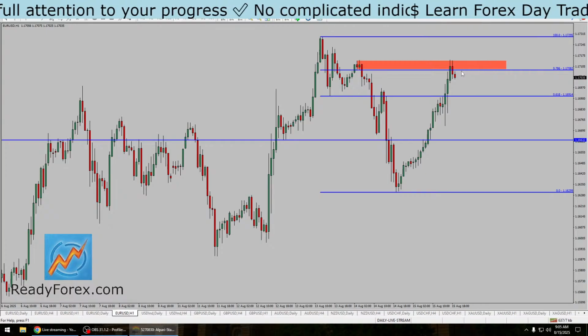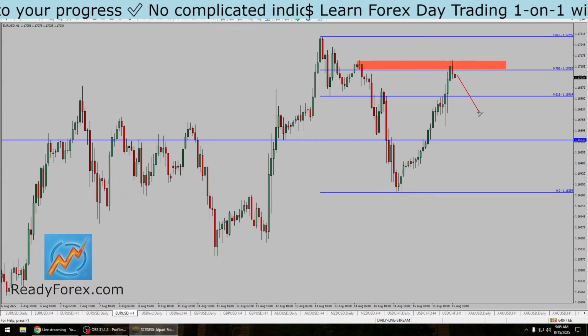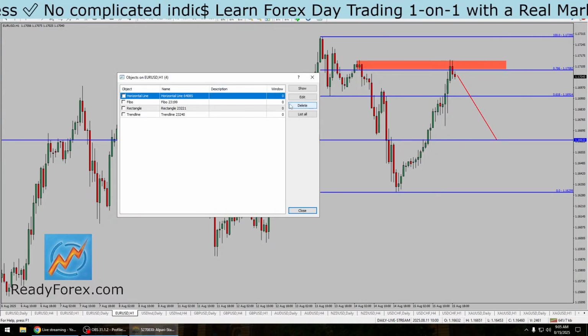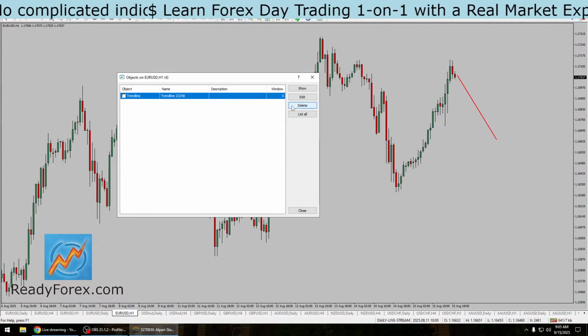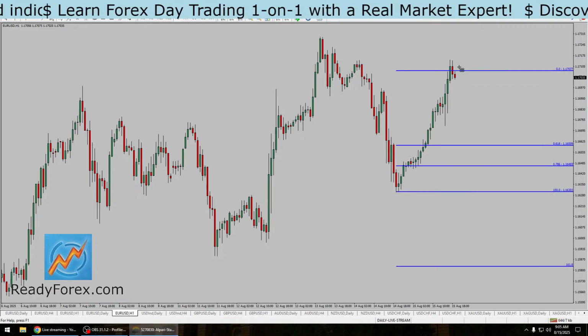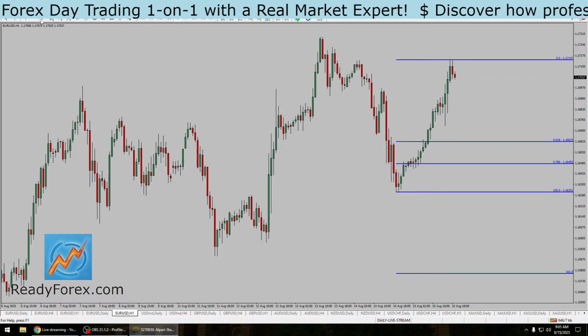So on a short-term basis, I would say euro dollar is going to drop. Now how far it's going to drop, let's remove some of these things and draw a fib level from these lows to high.